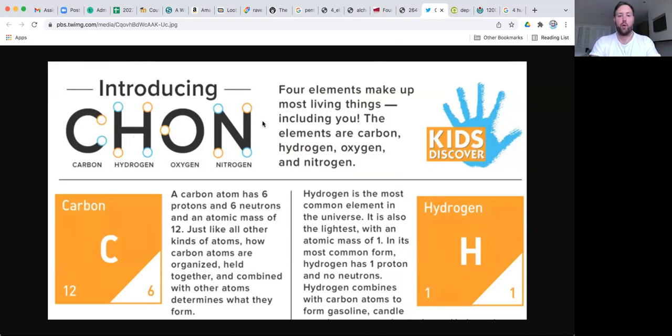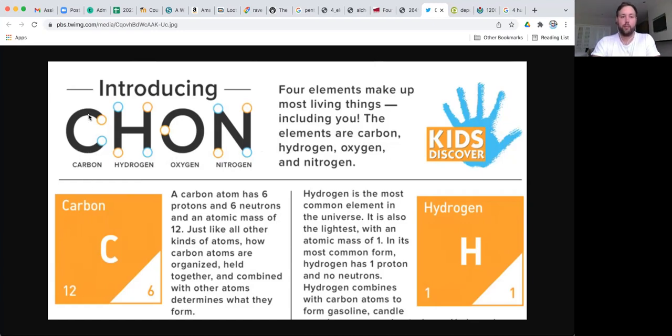Now, these four fundamental elements from the elemental table that we learn about in school in chemistry: carbon, hydrogen, oxygen, and nitrogen. These four elements make up most living things, including you. You are made up of four base elements. Yes, there are smaller compositions of minerals and elements within you, but the majority of you is made up of four base elements.